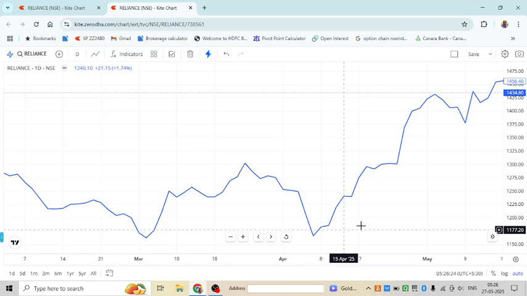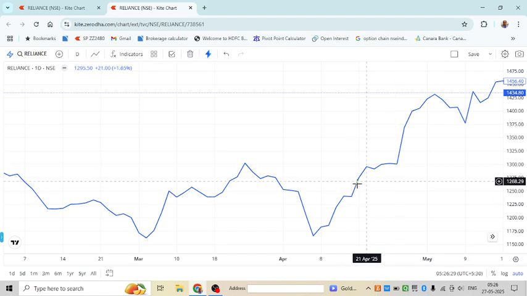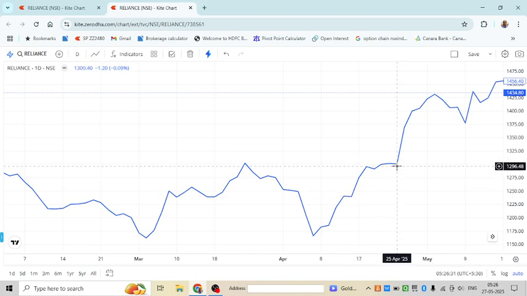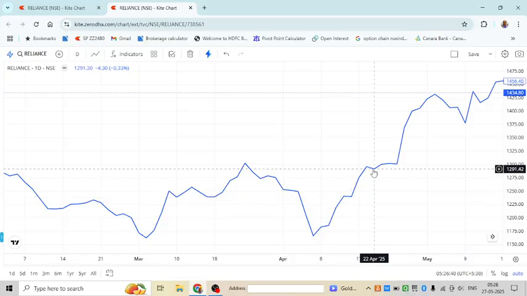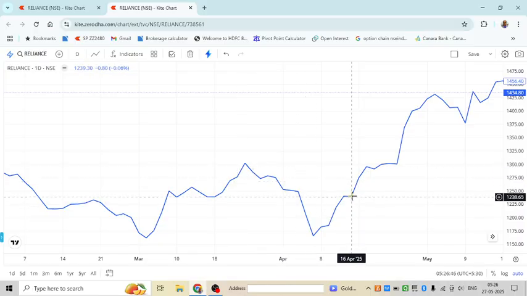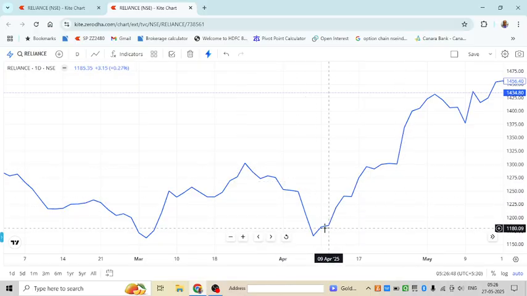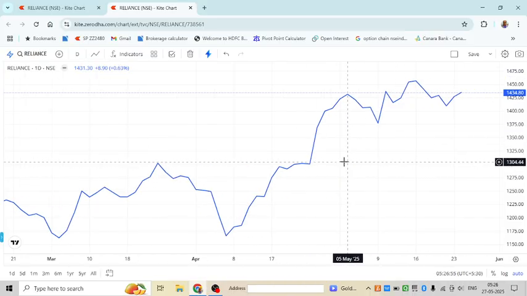So we can say this is low, this is also low, but the low on 25th April is a higher low than the 16th April or even the 22nd April low. So when the price makes consecutive higher lows and consecutive higher highs, then we can say it is a bullish trend.